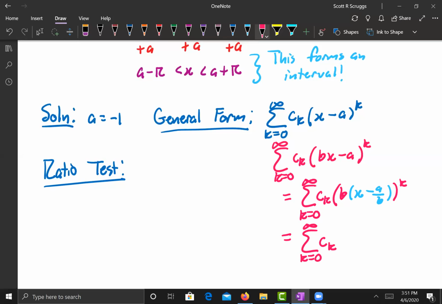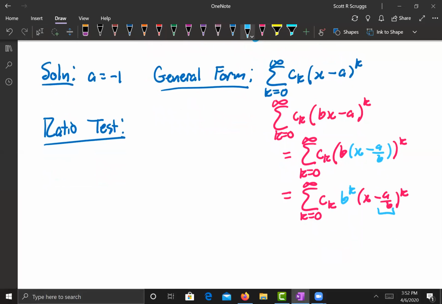Because all of this is occurring within that kth power, when I factor it out inside the kth power, I would have b to the kth power times (x minus a over b) to the kth power, which would imply, as you mentioned, Anthony, that a over b becomes my center. Glad you asked that, because I think that's a really good question. So I appreciate that.